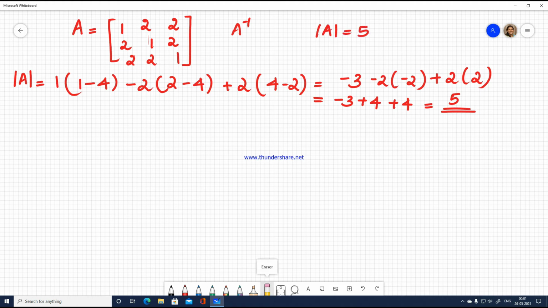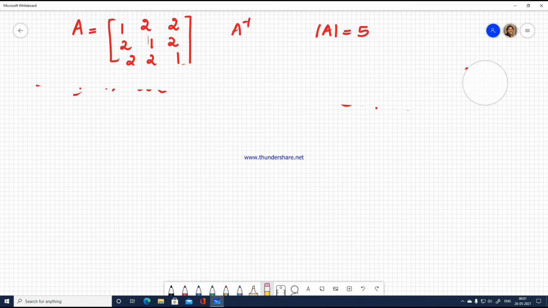Now let's find what is adjoint of A. Adjoint of A is calculated with the cofactors. So in order to find adjoint, we need to find all the cofactors. So A11 is equal to minus 1 raised to 2.